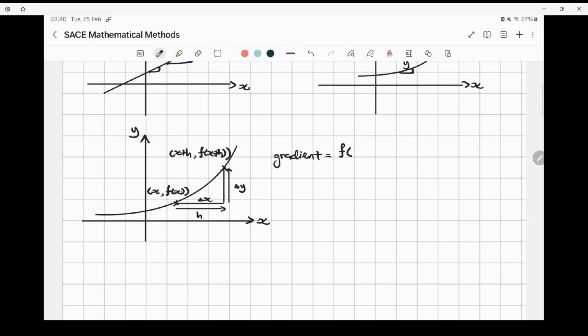You can write f of x plus h minus f of x, the whole thing divided by x plus h minus x. So then you would get f of x plus h minus f of x, divided by h. Or, if you use the delta x, delta y notation, it will be delta y divided by delta x.